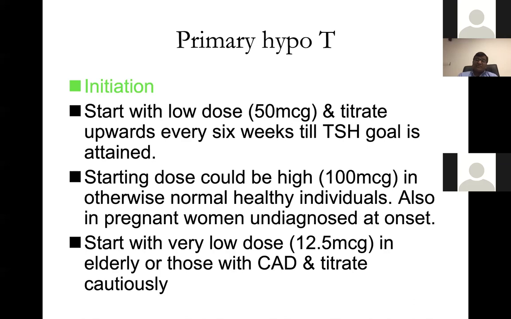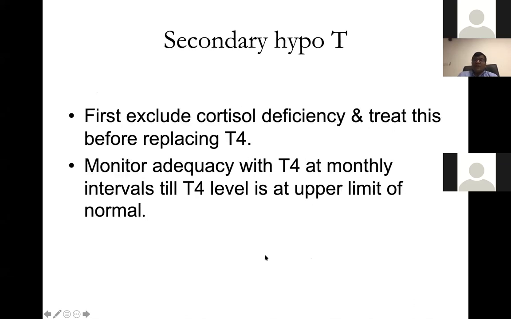Or else, if there is very profound hypothyroidism in an otherwise healthy adult, you can start with a dose like 100 micrograms, a usual dose. But I told you about those with heart disease, you need to start with a low dose and increase cautiously. I have dealt with this as well.